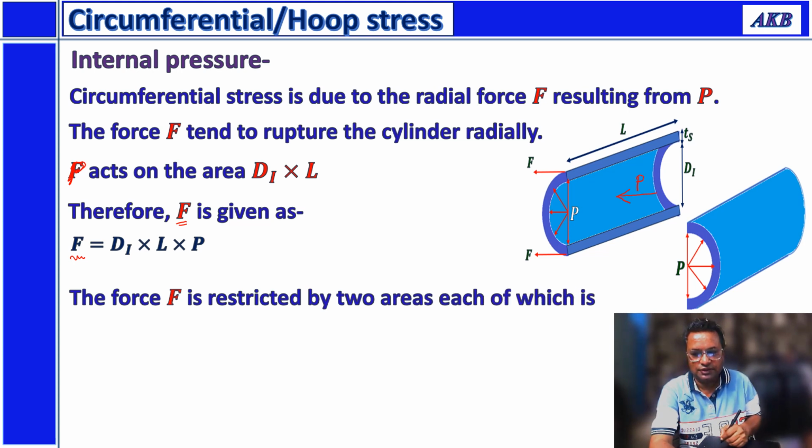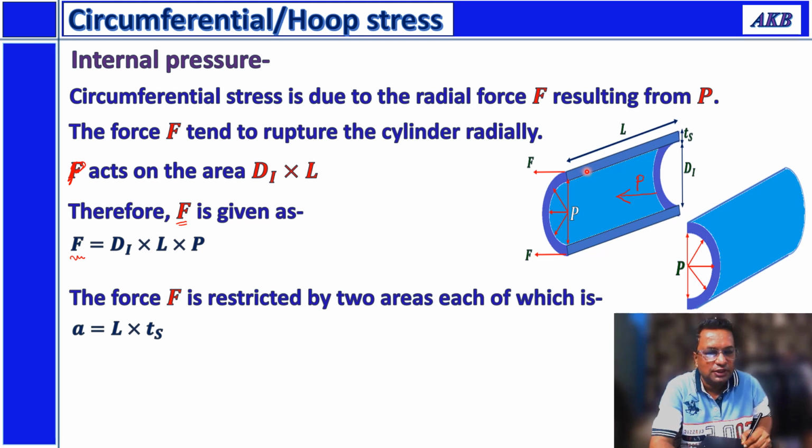Now this resulting force is resisted, it is opposed, by two areas, and each of these is given by the equation A is equal to L into Ts. We are talking about this area, L into Ts, the area that is obtained if you take a section of the cylinder. So the area that will be resisting force F is this area and this area. Both have the same equation, L into Ts.